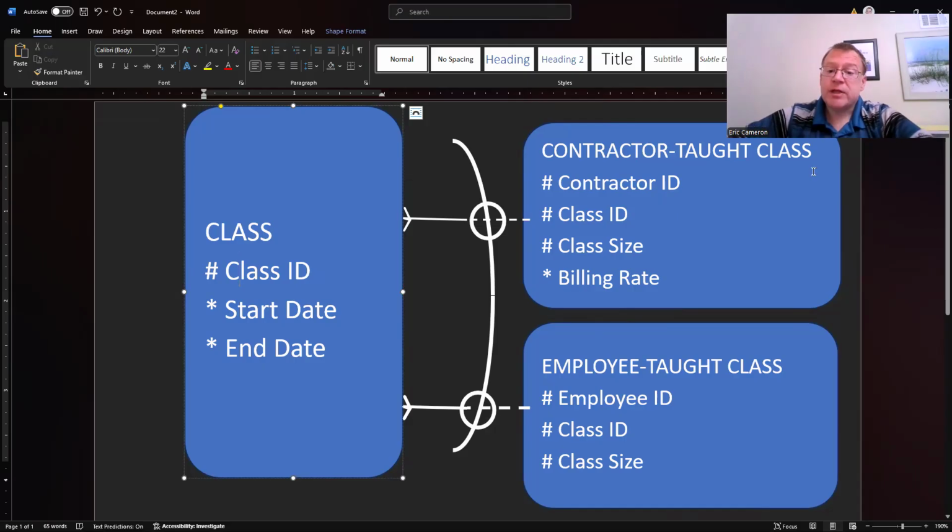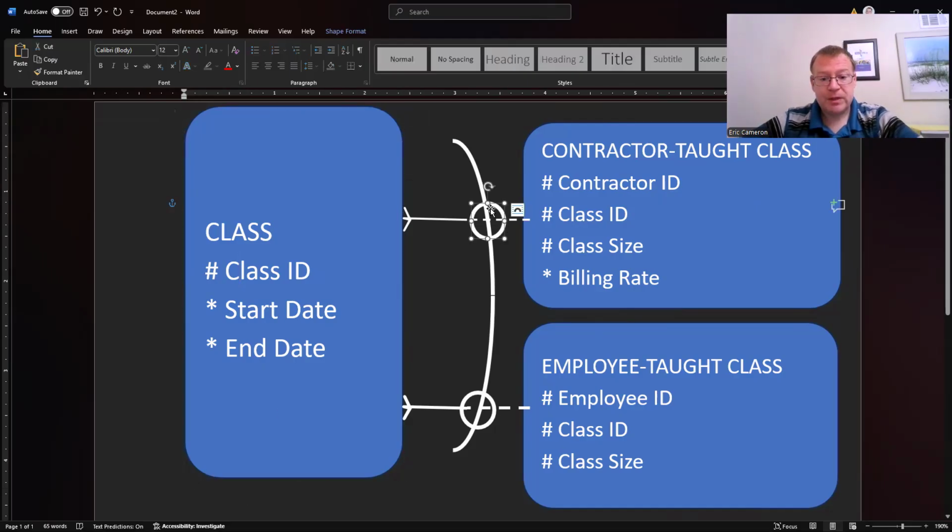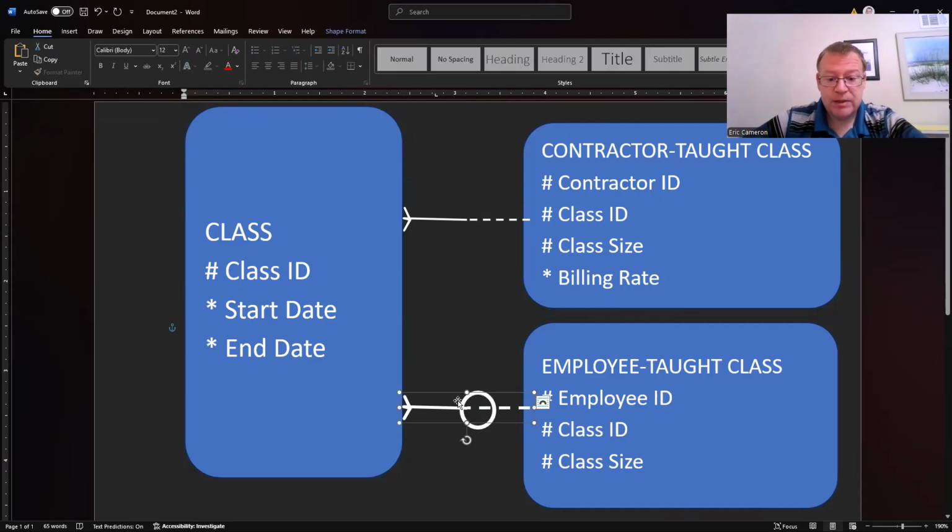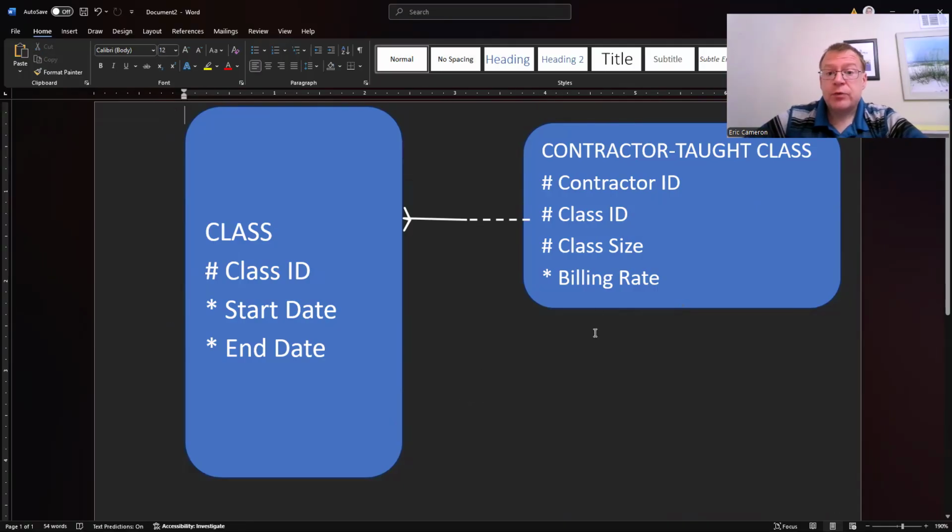Now let's take a look at this relationship, because I know sometimes the relationships can be a little confusing. If this were one table, get rid of this for a moment and everything here, so we were looking at the table this way with the dashed and solid lines.